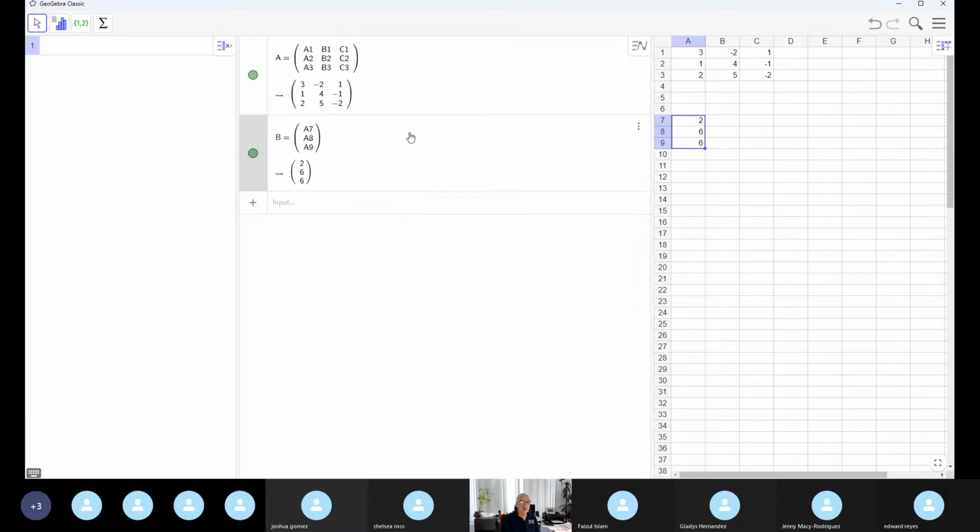Okay, now let me do it step by step. In the CAS, you find the inverse matrix. I normally forget the name of this because it's very weird.